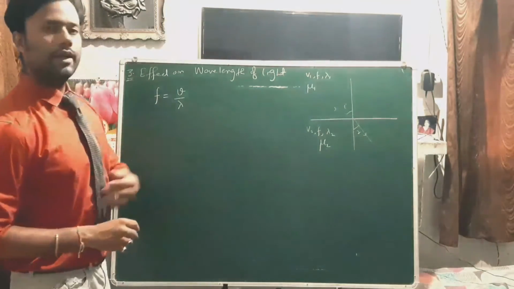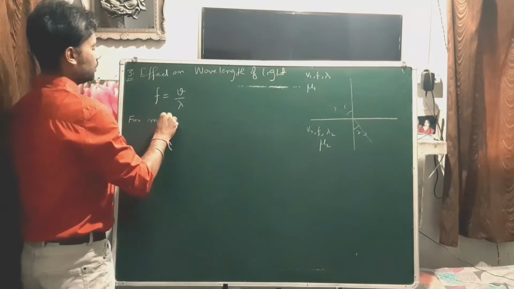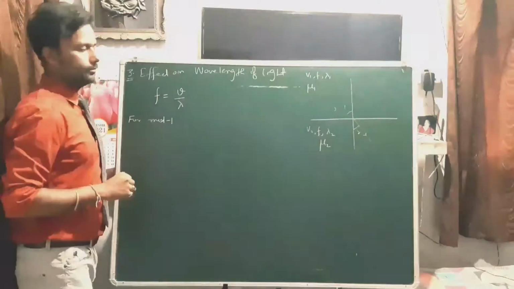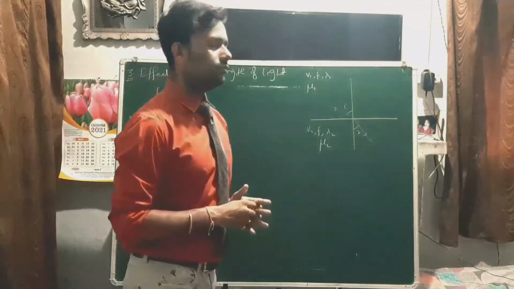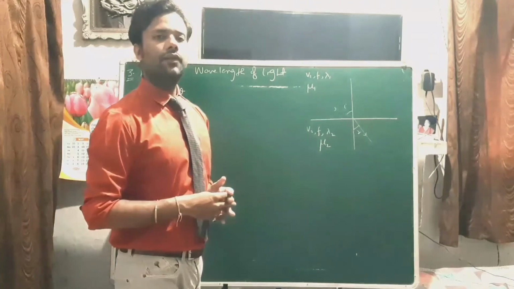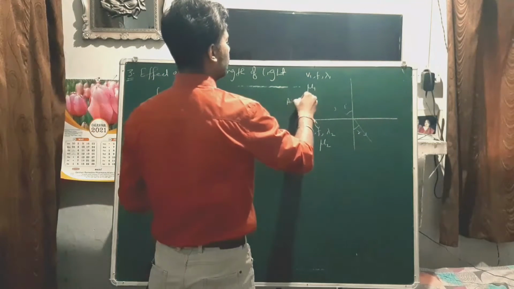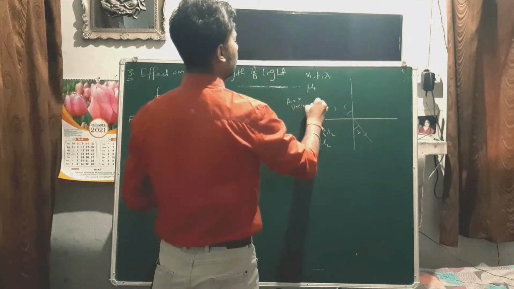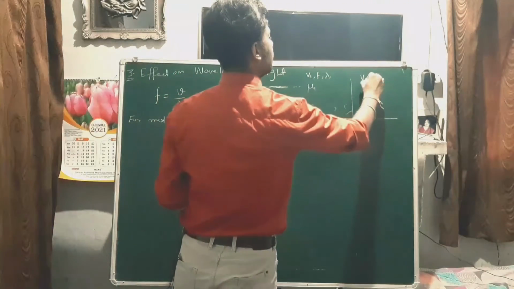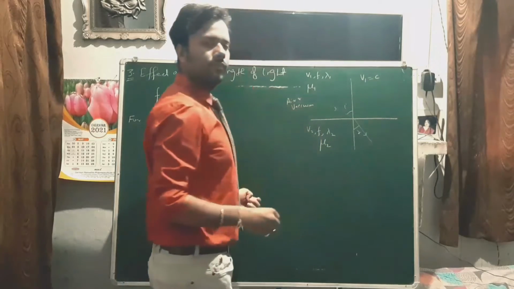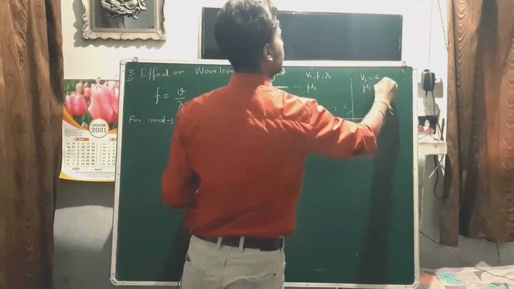Now if you check for medium 1, let's say the medium 1 is air or vacuum. We have considered this air or vacuum. So in this case, the speed of light v1 will become equal to c, and the value of mu1 will become equal to 1.